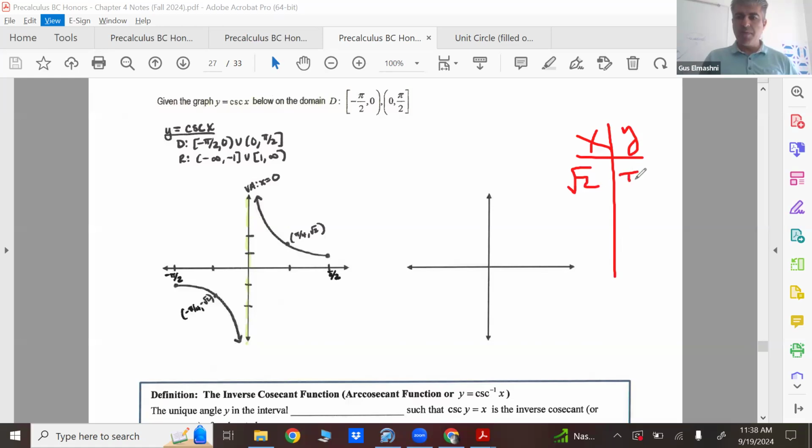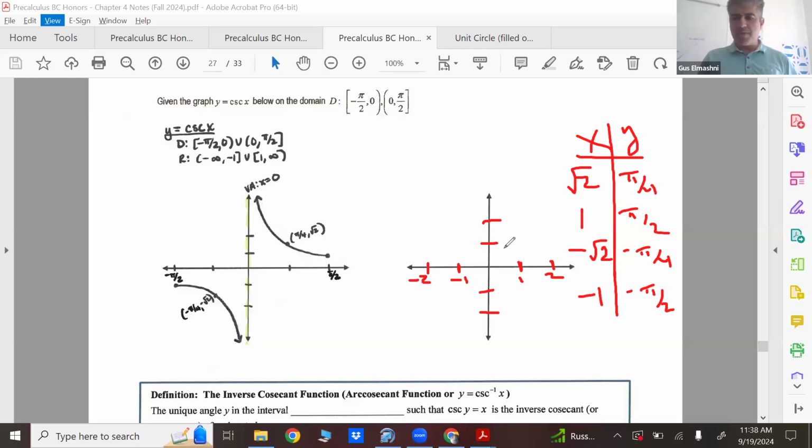So let's just reverse the x, y coordinates. √2, pi/4; 1, pi/2; -√2, -pi/4; and -1, -pi/2. So that's 1 and 2.